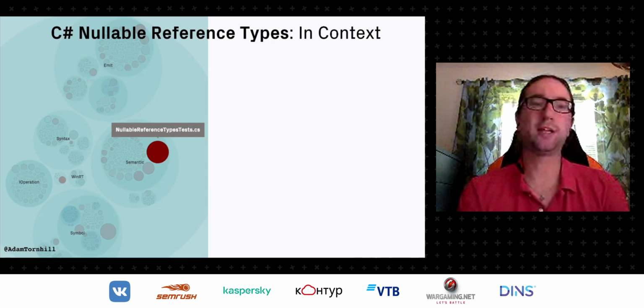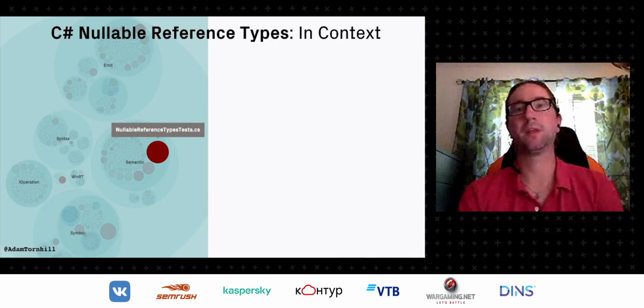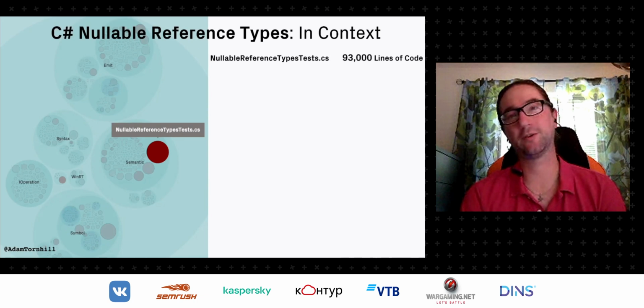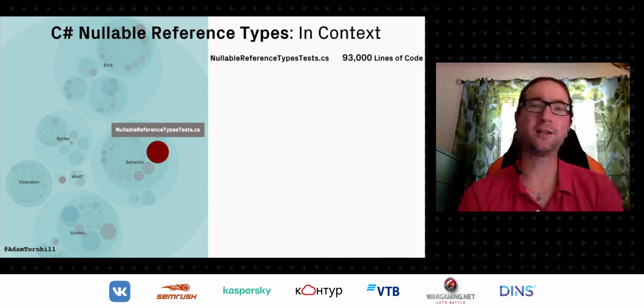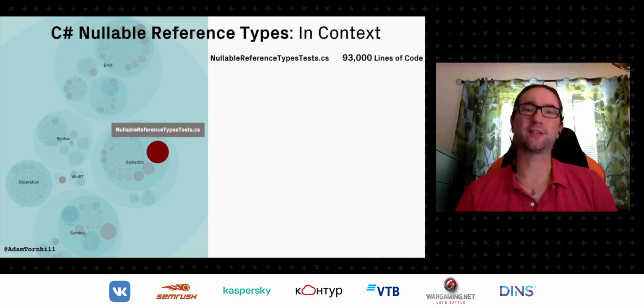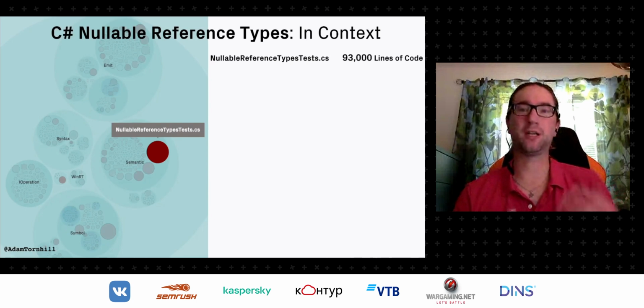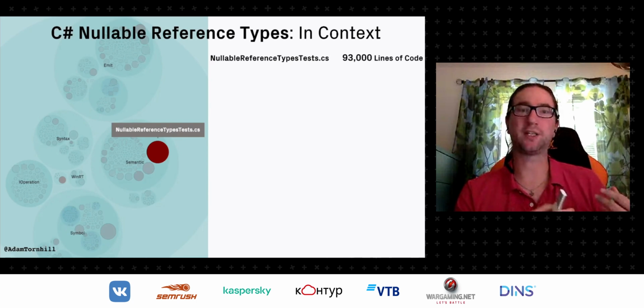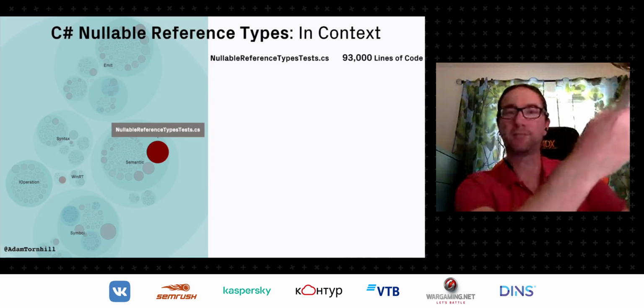Anyway, let's look a little bit deeper at this test suite. We can look at the code and see that the Nullable reference type tests is a single file with 93,000 lines of code. 93,000 lines of code. Is that a lot? Well, to put it into context, I would like us to look at the Apollo 11 guidance computer, the software that actually brought humankind to the moon, right?